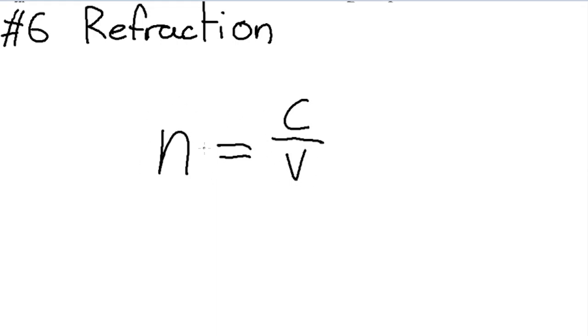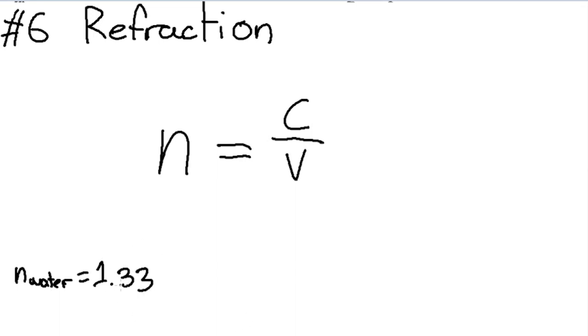So the index of refraction, you're going to use this formula if you want to know the new speed of light in a new environment. For example, the index of refraction for water is 1.33.